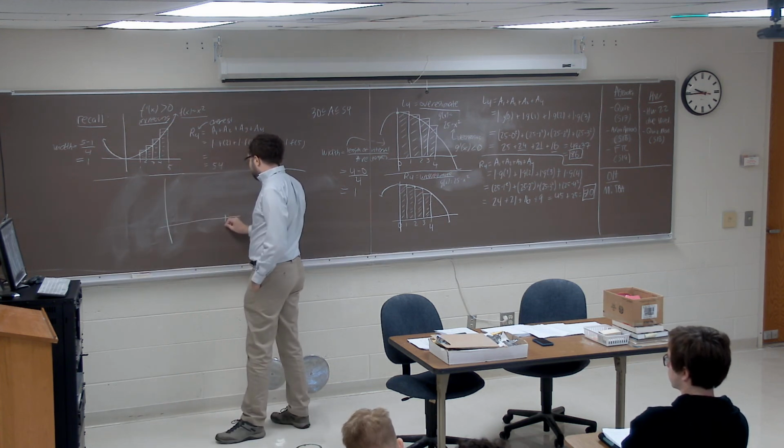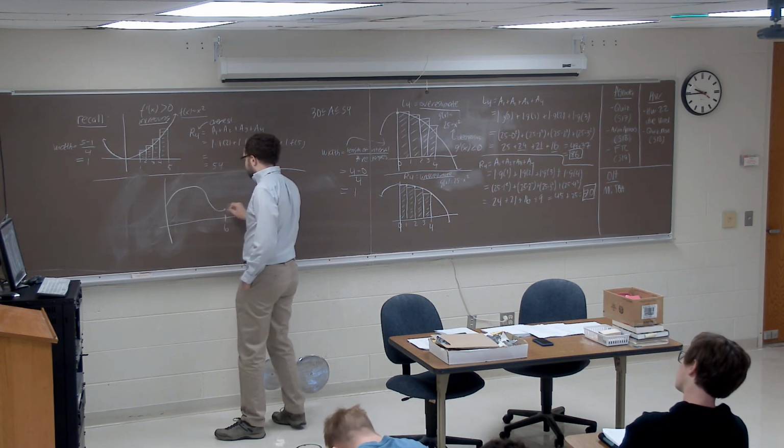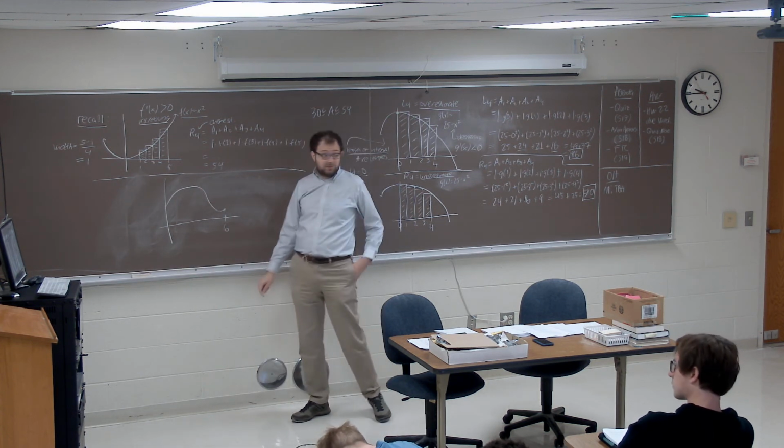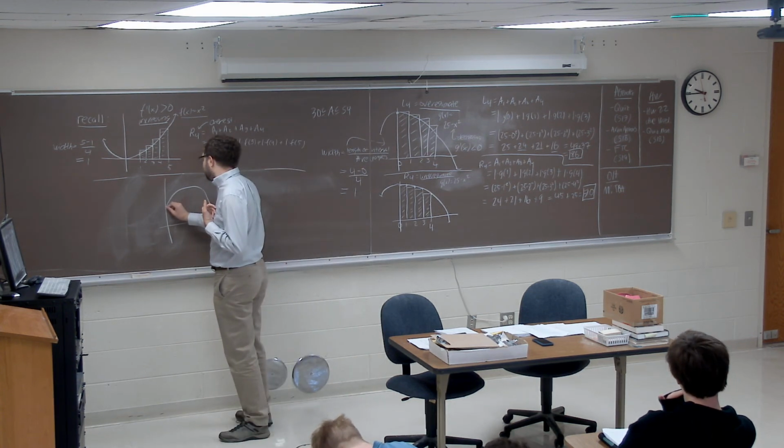And let's say we wanted to go from 0 to 6, where the slope's sometimes positive, sometimes negative, and we were to do like a left endpoint approximation.